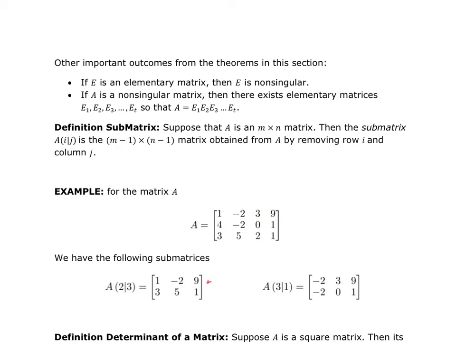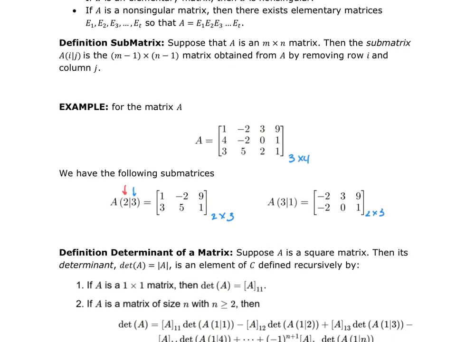So the first part tells us the row we removed, and the second part tells us the column that we removed to make that submatrix. And you can tell the submatrix is going to be, if this started out with 3 rows and 4 columns, then my submatrix must be 1 row less and 1 column less.